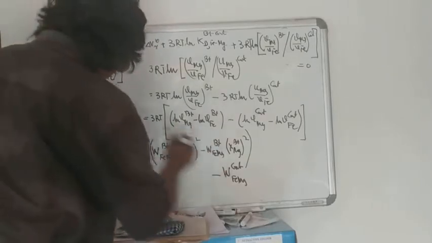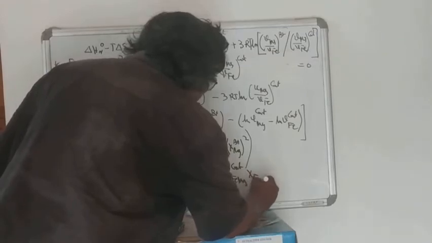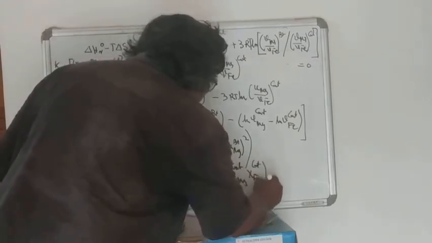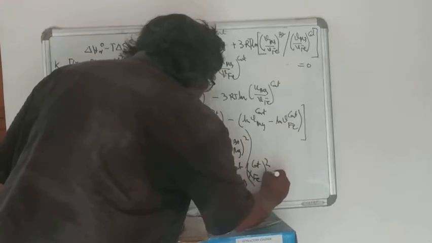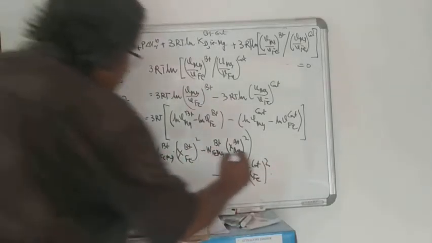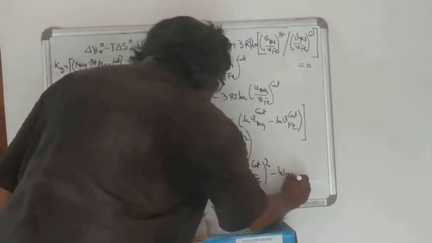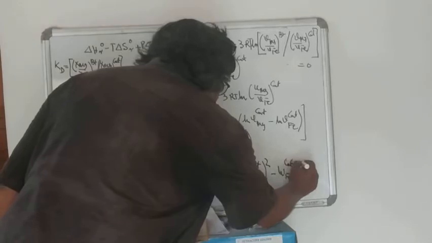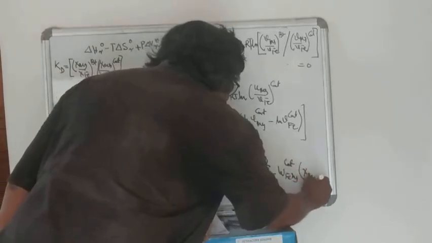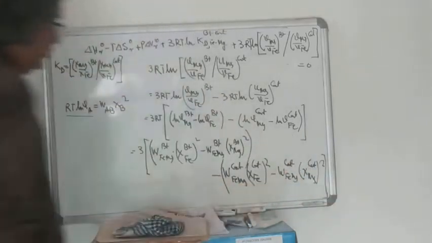And this will be X_Fe garnet squared. This one will be another bracket. And minus W_FeMg in garnet into X_Mg garnet squared, and the whole thing goes under the bracket.